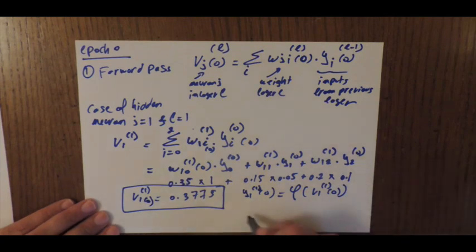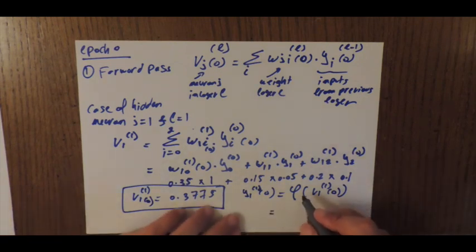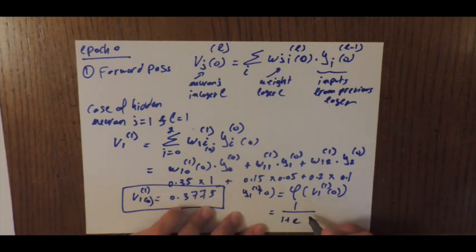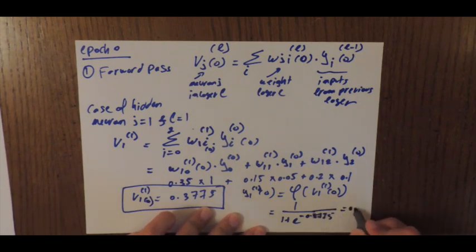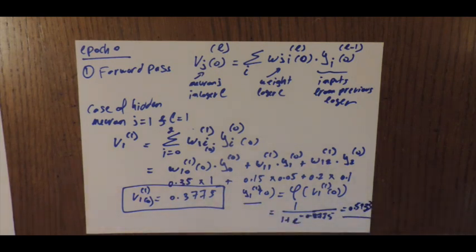Based on the formula, this will be equal to 1 over 1 plus e to the power minus 0.3775, which will be equal to 0.5933. So this is Y1 of 0.